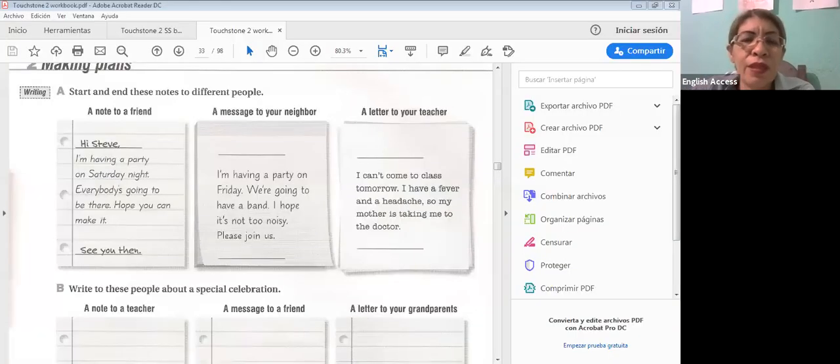Well, let's begin with the homework. It was lesson C, the second page. Okay, so we are here. Well, this is very easy. You only have to start and end the notes.